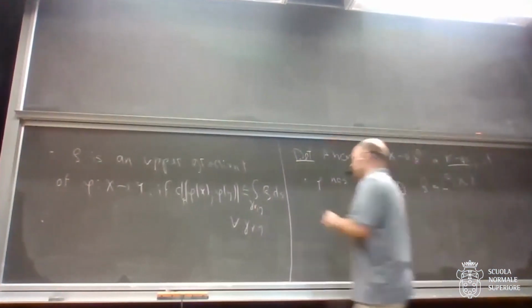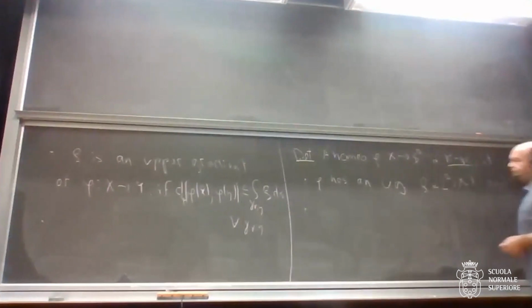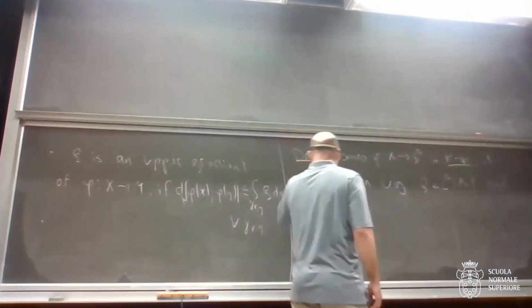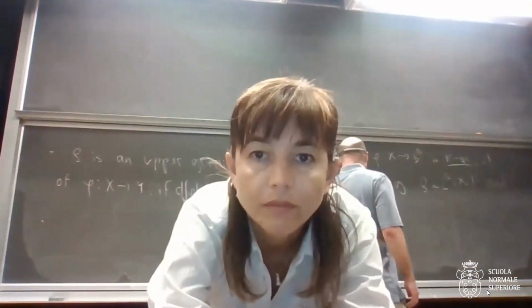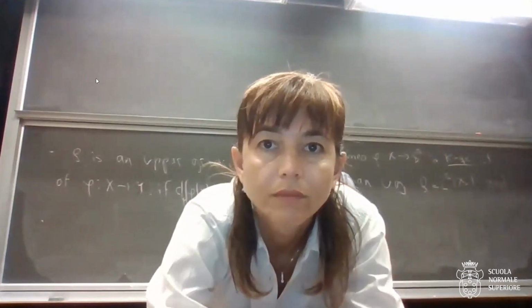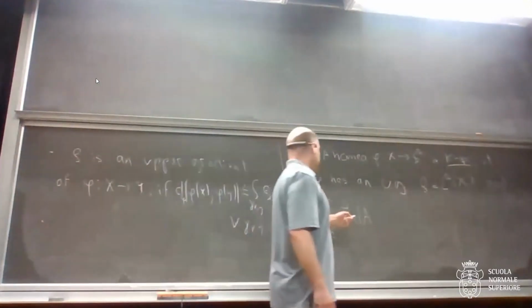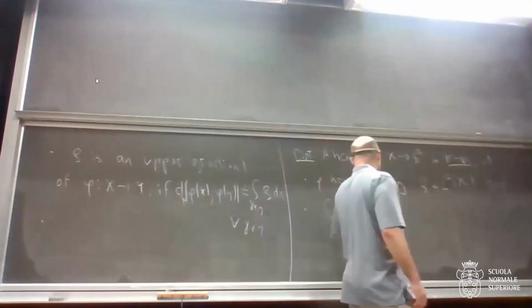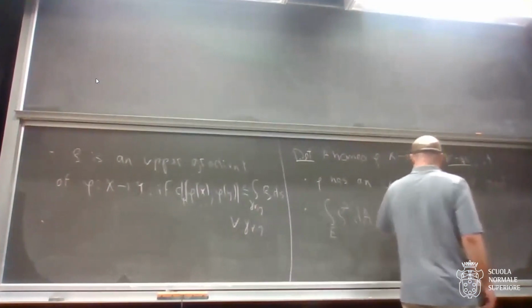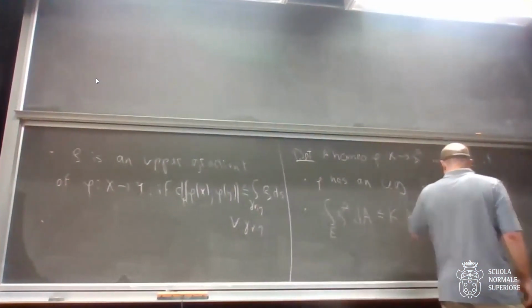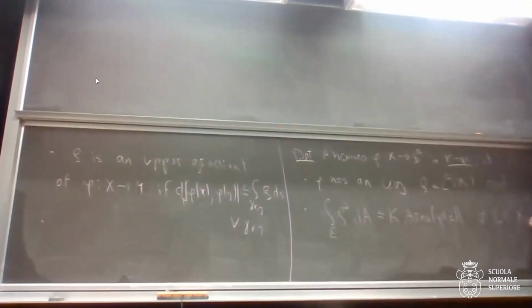And then there's a distortion inequality for the gradient: you take any set E in the domain X, integrate the upper gradient squared, and you have that this is at most K times the area of the image. It's for all measurable sets E in the domain.